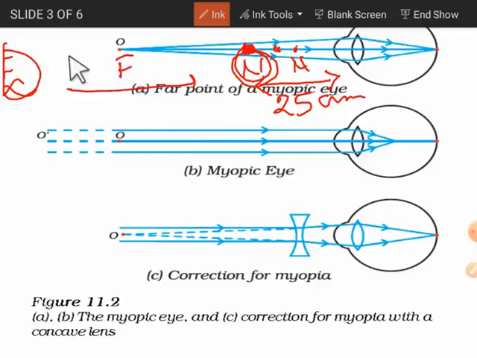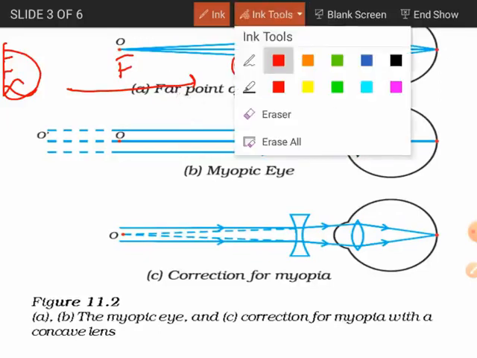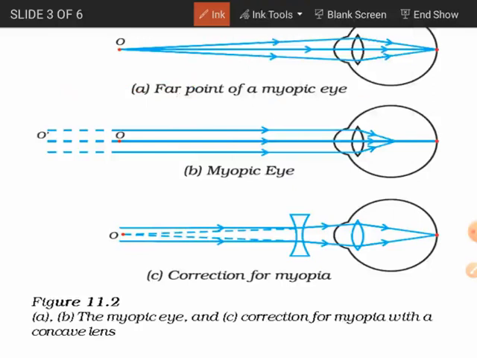That is why this myopic eye can see only nearby objects but cannot see far off objects clearly, since its far point and near point come closer toward the eye.